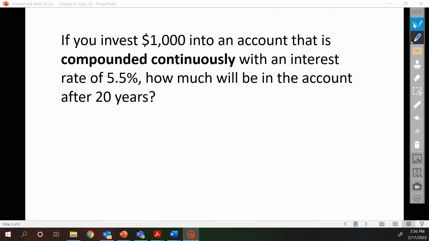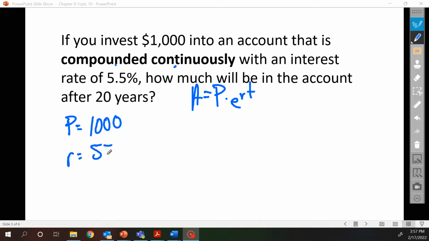First example here: if you invest $1,000 in an account that is compounded continuously, this is the key that we're going to be using this formula, P times e to the RT, with an interest rate of 5.5%, how much will be in the account after 20 years? All right, so P is our starting amount, that is 1,000. R, that's the rate, 5.5%.